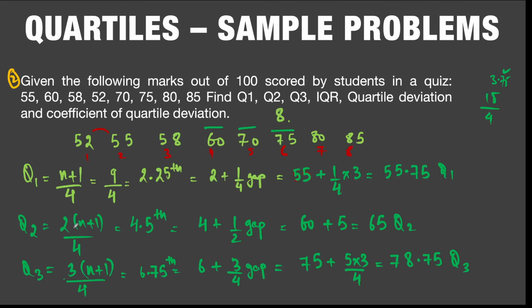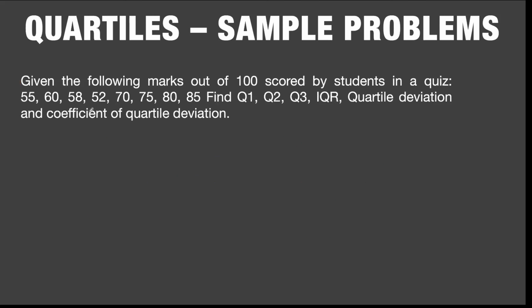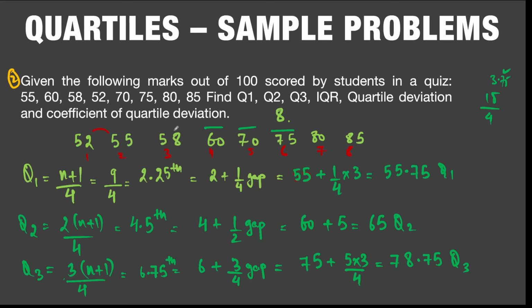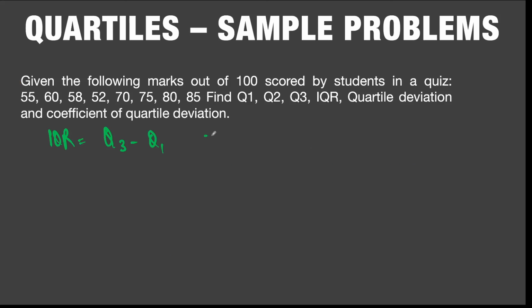Okay, going back to the question, we don't have space here, so we'll be moving to the next page. Now, talking about IQR, the interquartile range is Q3 minus Q1. I will have to pick up the values from here. Q3 was 78.75 and Q1 was 55.75. So 78.75 minus 55.75.